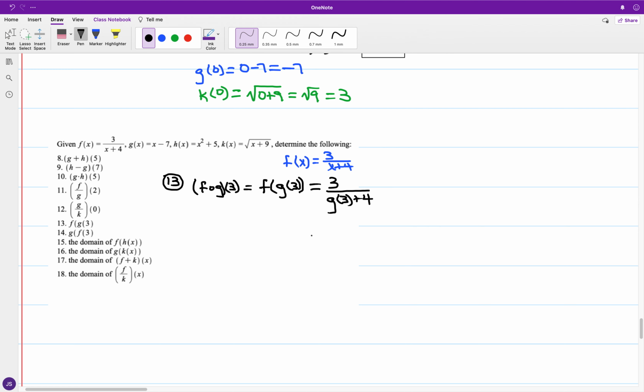And we're going to determine just what g of 3 is going to be, taking what we have to the side. For g of 3, we are referencing g of x, so g of x is x minus 7. So g of 3 is going to be 3 minus 7, and so that is equal to -4.